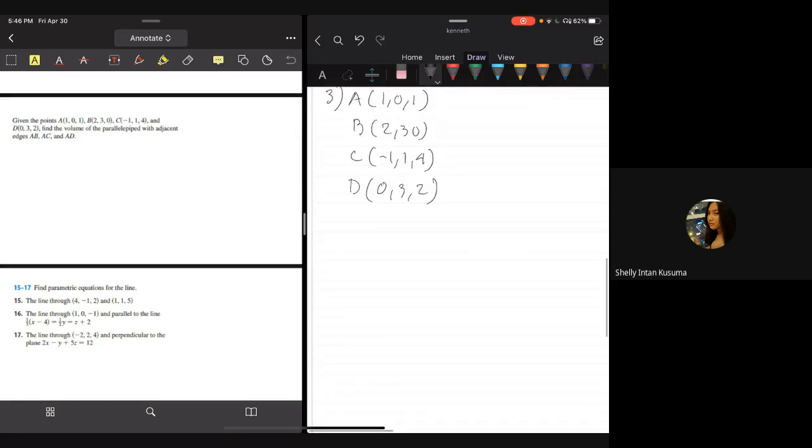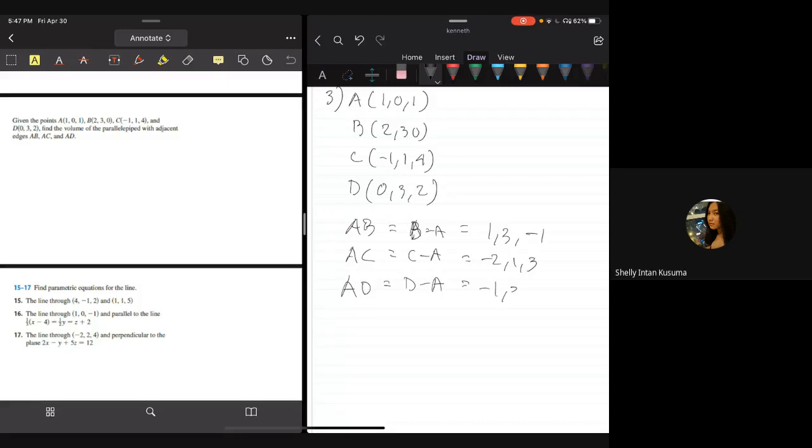First of all, we need to find the vectors AB, AC, and AD, right? So it's just point B minus A, C minus A, and D minus A. So this one is 1, 3, and minus 1, and minus 2, 1, and 3, and minus 1, 3, and 4.